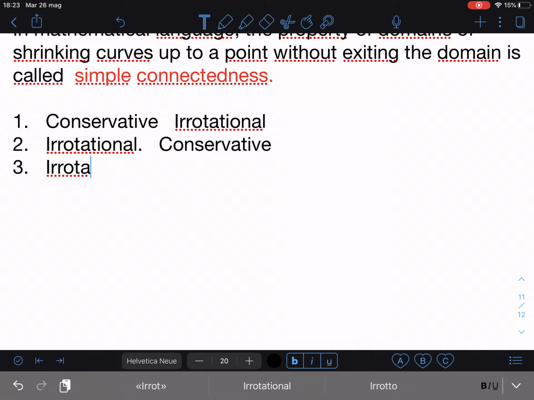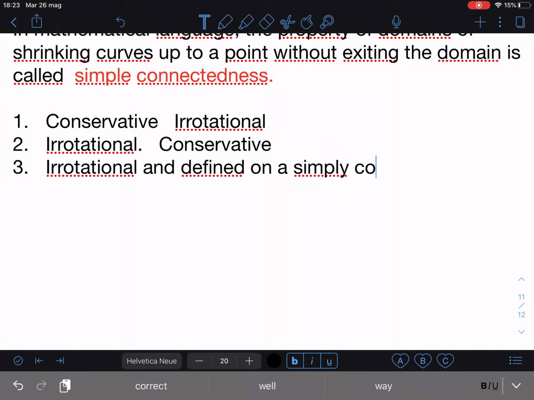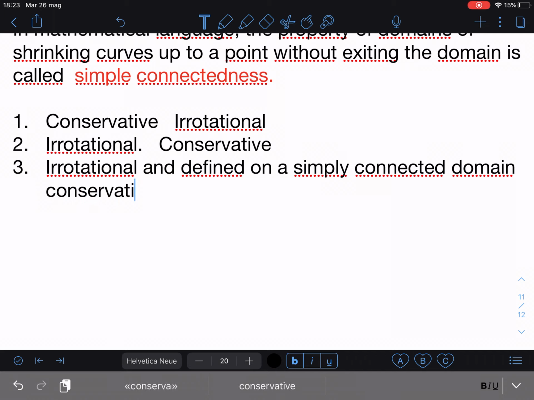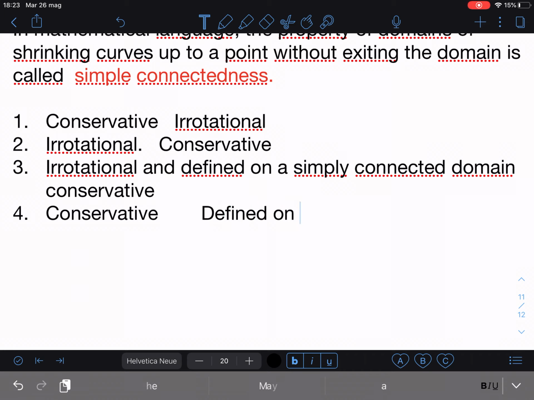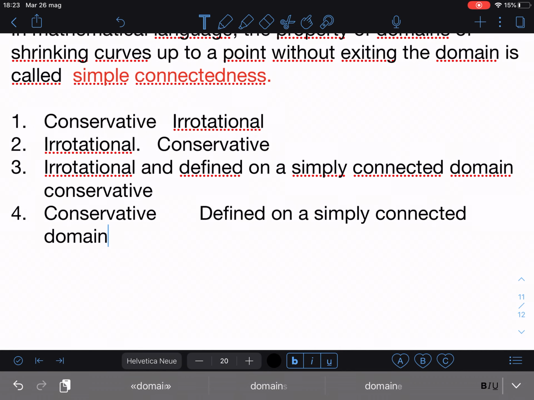Irrotational and defined on a simply connected domain implies conservative. At the end, conservative does not imply defined on a simply connected domain.